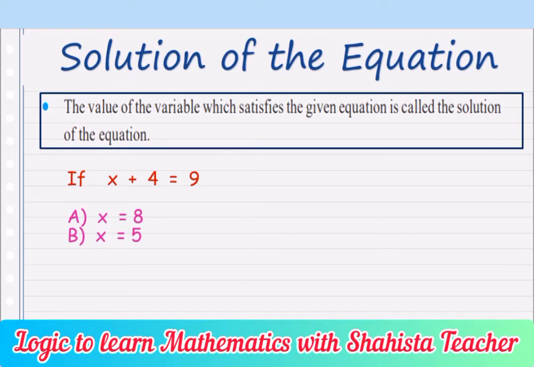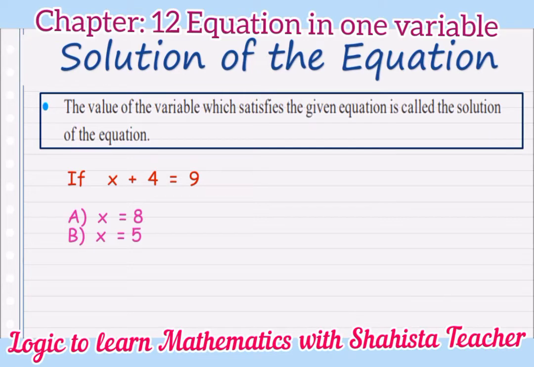Always remember this. When you want left hand side equal to right hand side, that means both the sides should be equal. If x is equal to 9, so 9 plus 4 is how much? 9 plus 4 is 13 and 13 is not equal to 9.